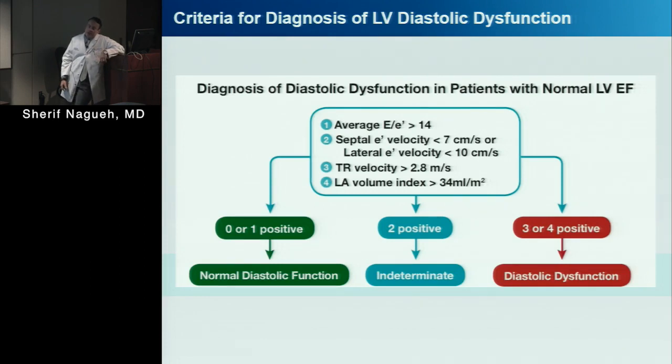If I have 3 out of the 4, and you have 3, and 2 out of the 3 are abnormal, that's enough to make a call. I understand. But since each one has issues, 2 positive is somewhat indeterminate. 2 out of the 3?